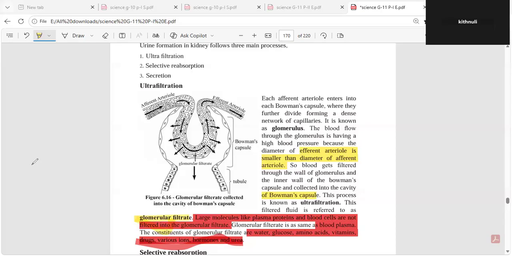Right? This glomerular filtrate is very similar to the blood plasma. You know that our blood can be divided into two parts, plasma and the blood cells. This blood plasma contains a large amount of water.